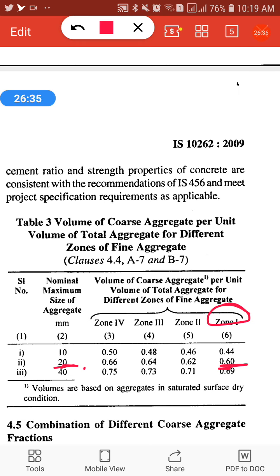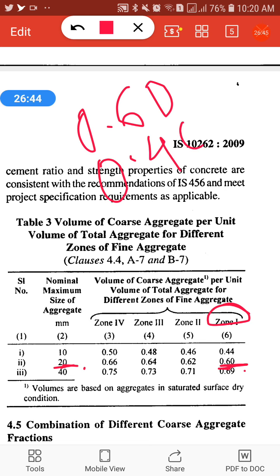Okay, so if coarse aggregate is 0.60, then how much will fine aggregate be? 0.40. Okay, so this is according to 20 mm and Zone 1. These values are according to 20 mm size aggregate and Zone 1.